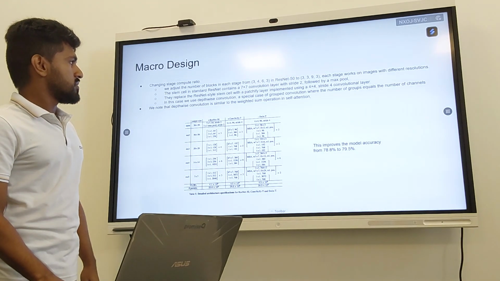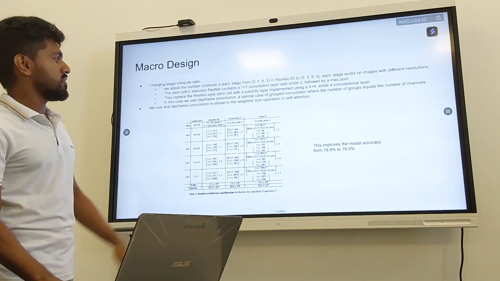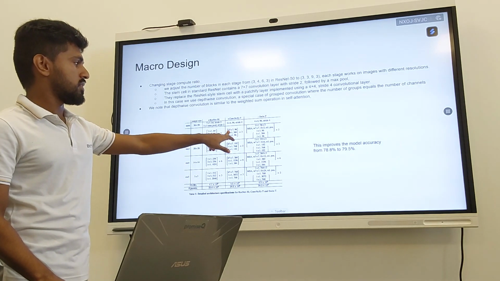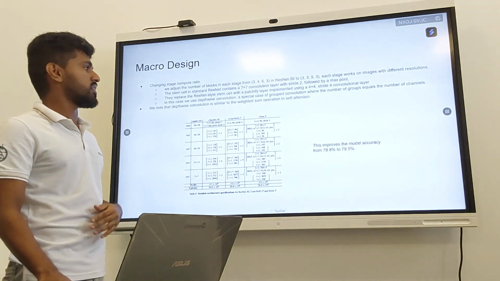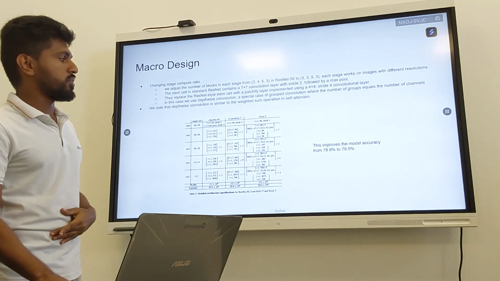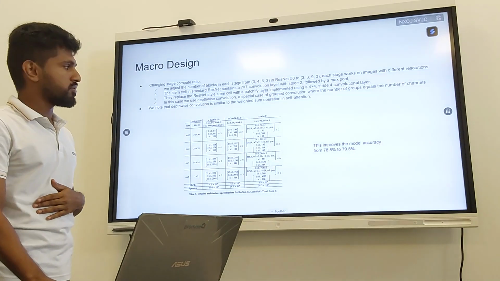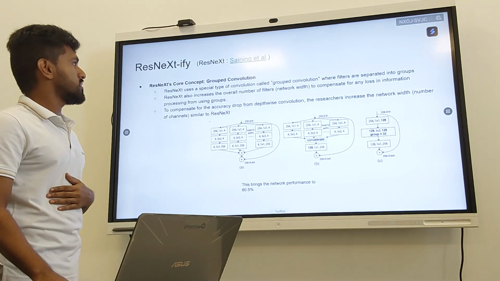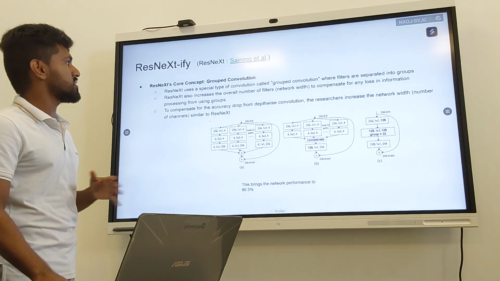Then they introduced depth-wise convolution here, which is similar to self-attention in the Swin transformer. From this improvement they improved the accuracy from 78.8 to 79.5. Then they introduced ResNeXt, defining their next model.